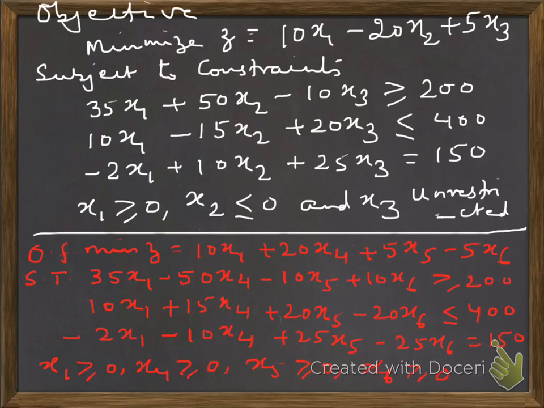Thus we have a linear program where all the decision variables are greater than equal to 0. This we have got by doing proper substitution in the original problem.